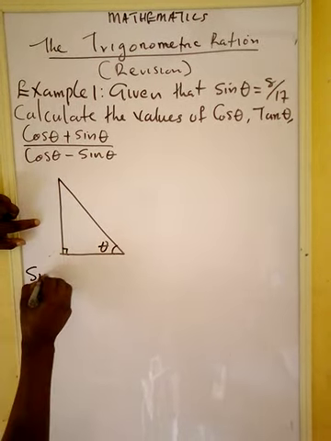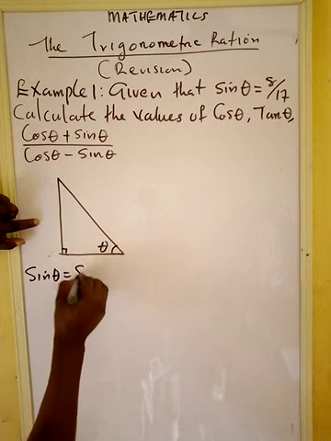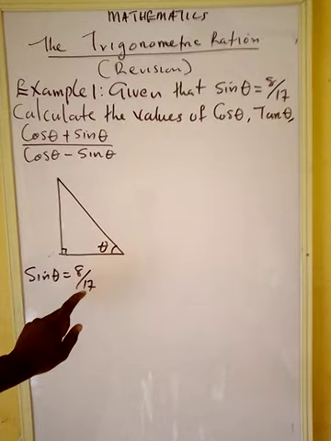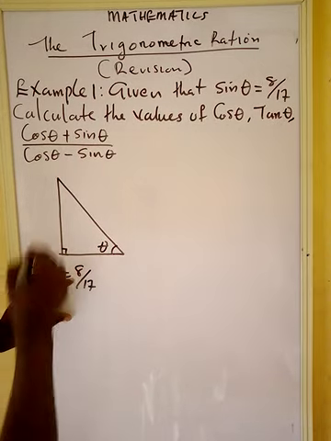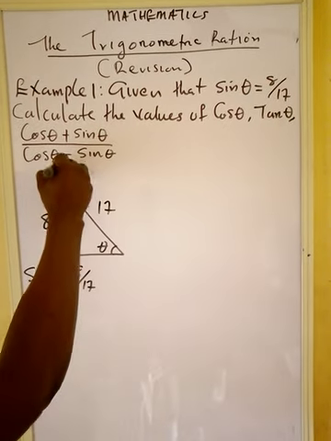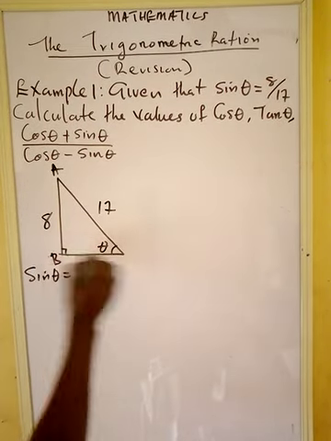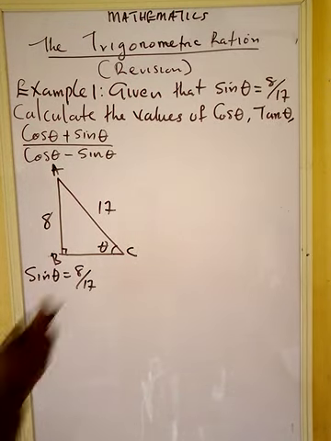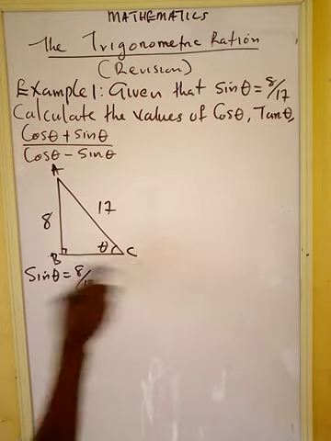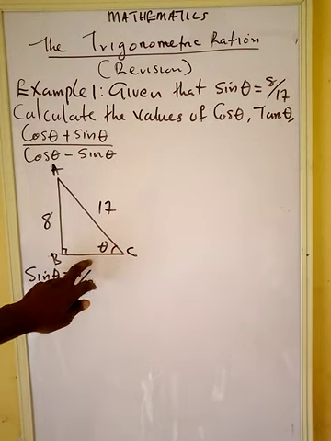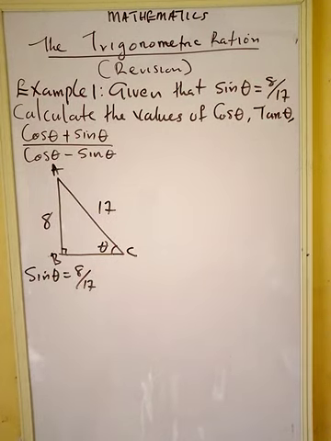Our sin theta equals 8 over 17, and you know that sin theta is opposite over hypotenuse. So our opposite is 8, and our hypotenuse is 17. Let me name it A, B, C. Before we can solve anything, we need to get the third side, which is BC. To get BC, we are going to apply Pythagoras theorem.